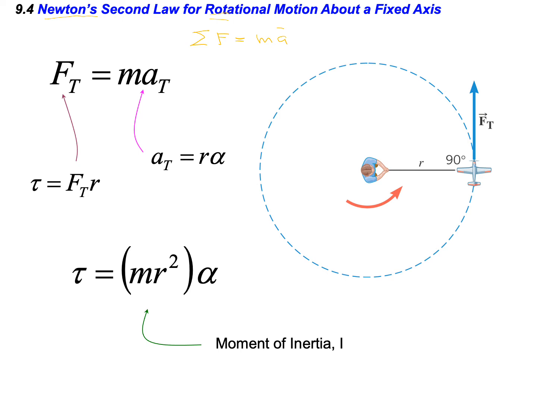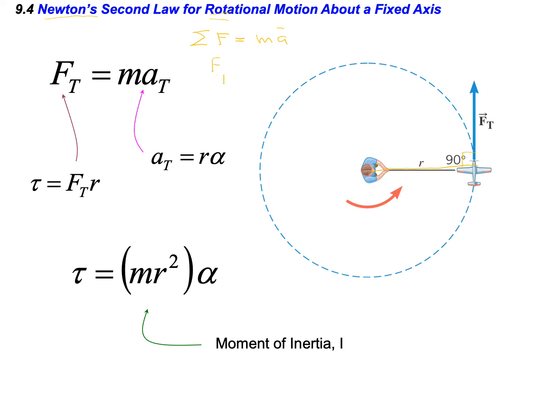The other end is attached to an airplane, which is on this rotational path, and this length is the radius, which is perpendicular to this force.